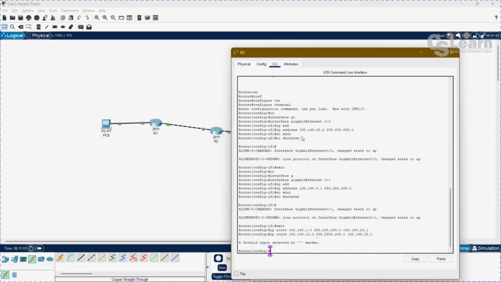Okay, something, I made a mistake. 192.168.12.0, 255.